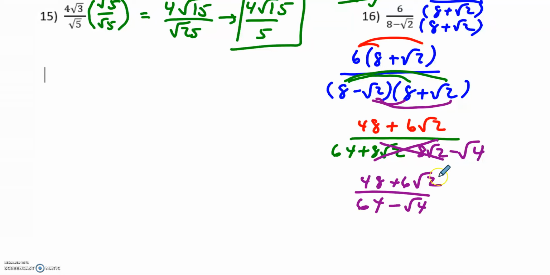I am simplifying the numerator completely and the denominator completely first before doing anything up and down. These two are not like terms, and you'll realize that soon because this one does not have a root 2. So I'm going to leave this as 48 plus 6 root 2, but my denominator really becomes 64 minus 2 because the square root of 4 is 2.